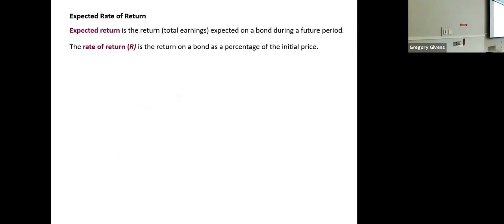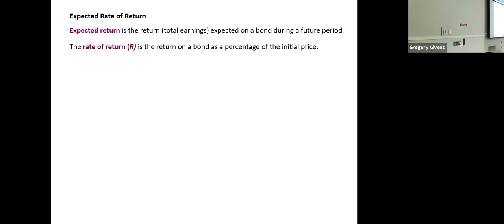More specifically, it's really the expected rate of return, but I'll get back to that in just a second. Let's first define what we mean by the rate of return on a bond, because this is different than the yield to maturity. This is different than the coupon rate, okay? It has a different meaning.